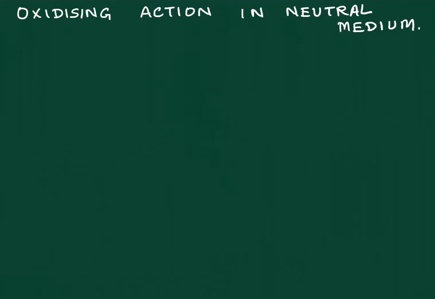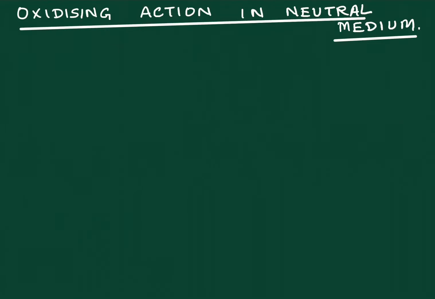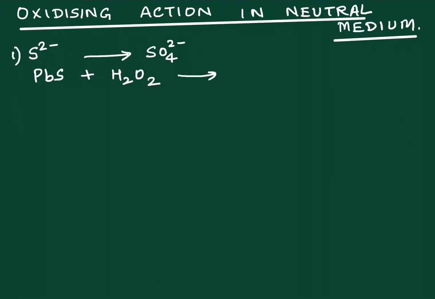So the first one we've got over here, oxidizing action in neutral medium. What's the first reaction we have written over here? Sulfide to sulfate. Now one way is that I will give you PbS plus H2O2 gives you PbSO4 plus water.